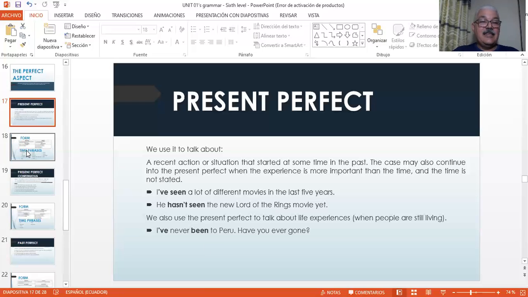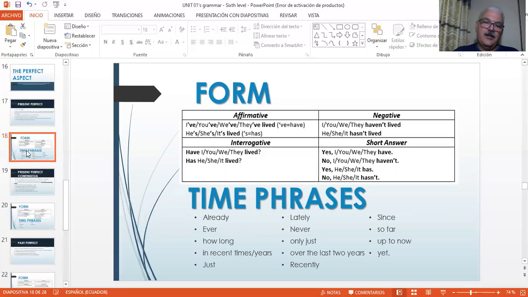Well, let's see then the form that we had explained for its use. First, in the affirmative, we say I've or I have, you've or you have. That is the form in present of the verb have, for I, you, we, and they. And we use the form has for the third person singular, only for the third person singular.